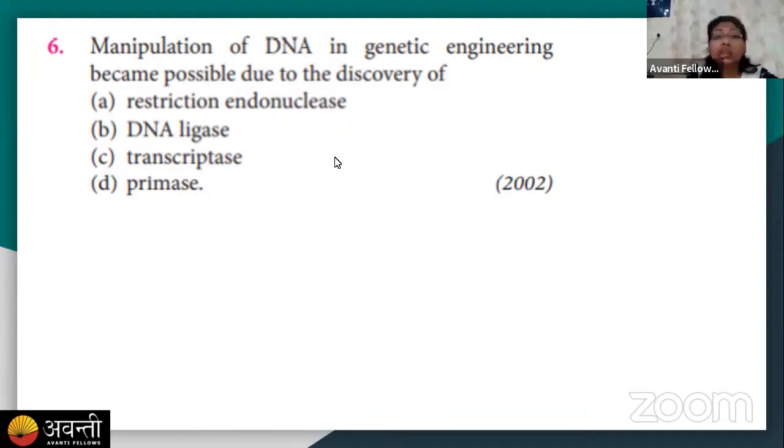Your options are A, restriction endonuclease, B, DNA ligase, C, transcriptase, and D, primase. So what is the correct answer?